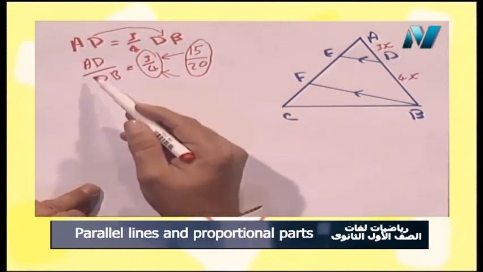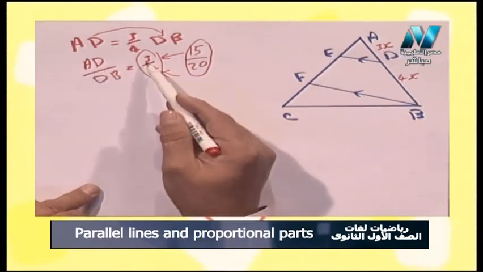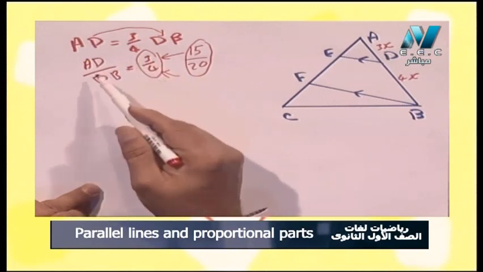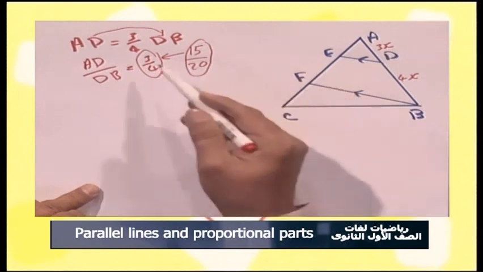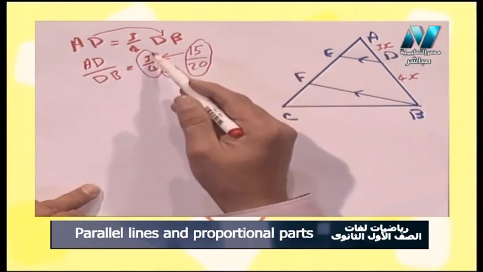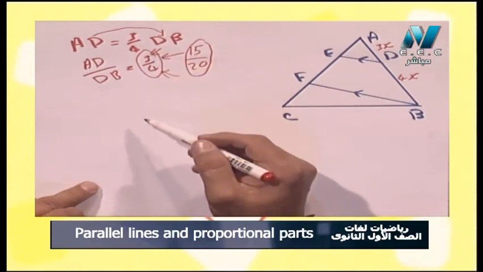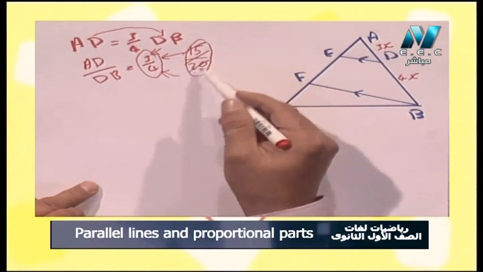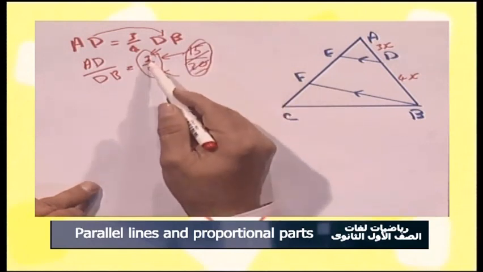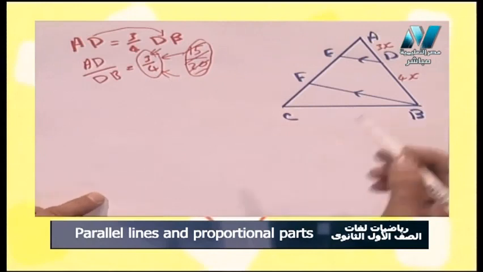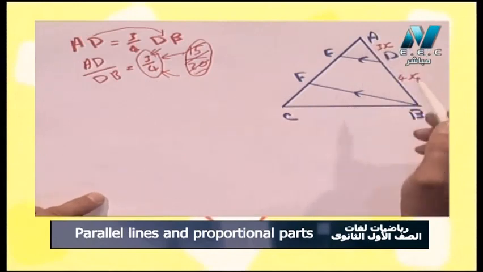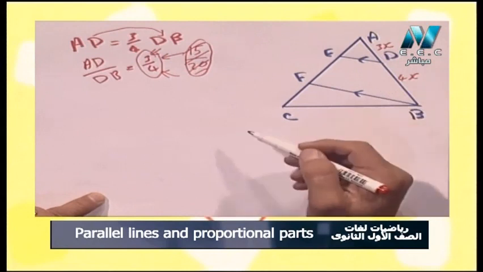So we cannot say that AD equals 3 centimeters or 3 meters if it's a ratio. We say AD equals 15 or something else, multiplied by a number in numerator and denominator. So we can say this is multiplied by a number x, and this one multiplied by x also. So we can say AD equals 3x and DB equals 4x also.